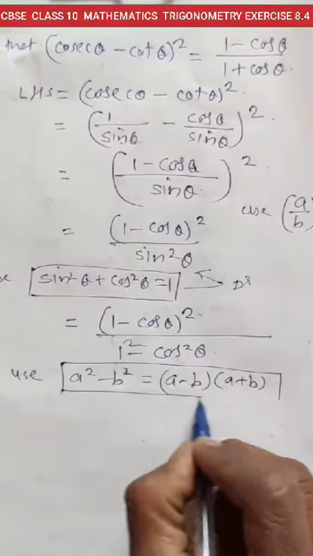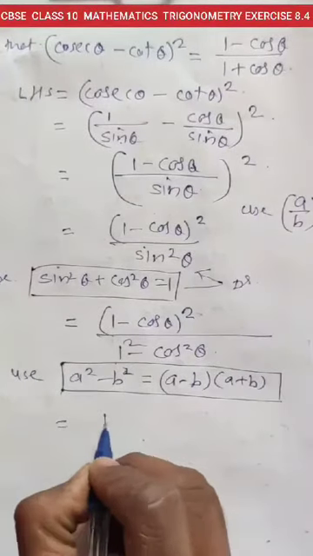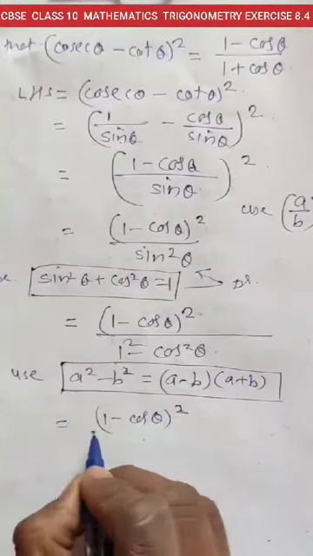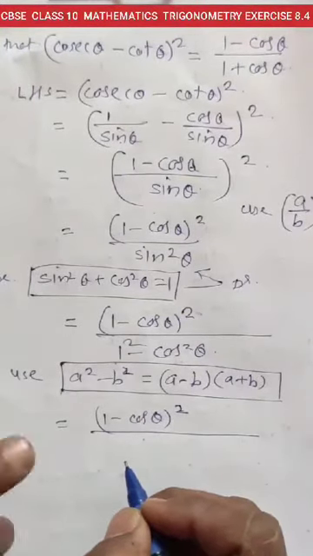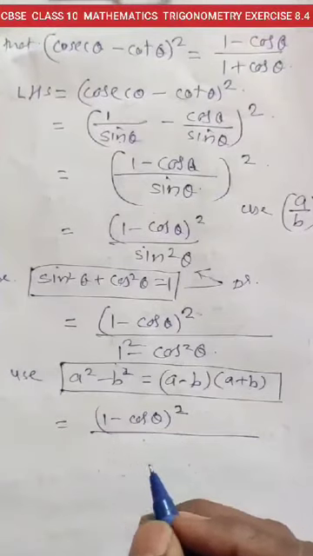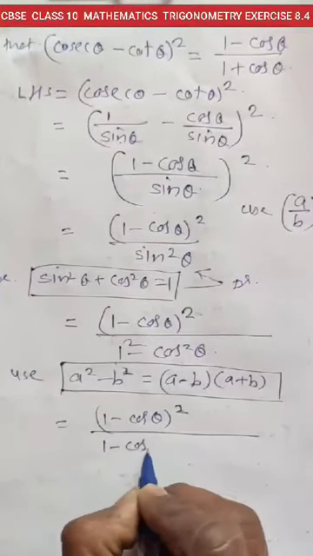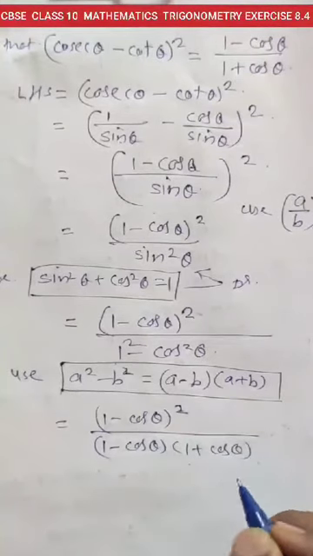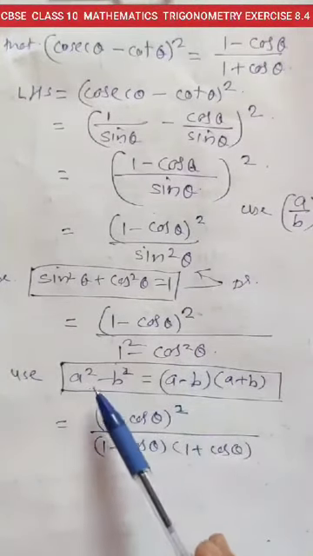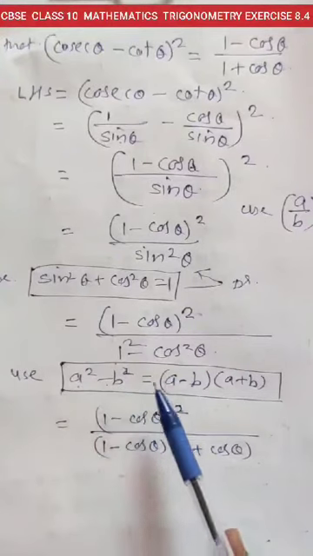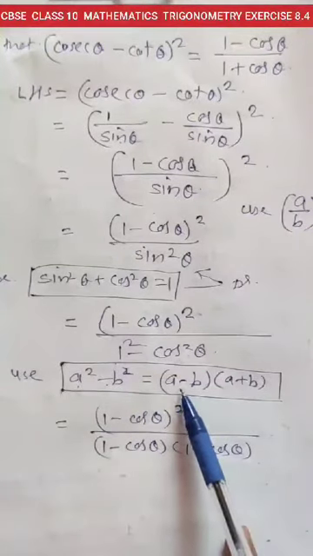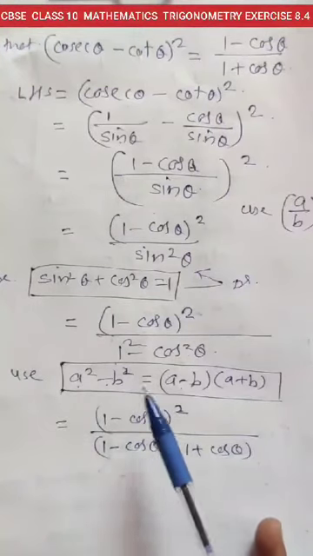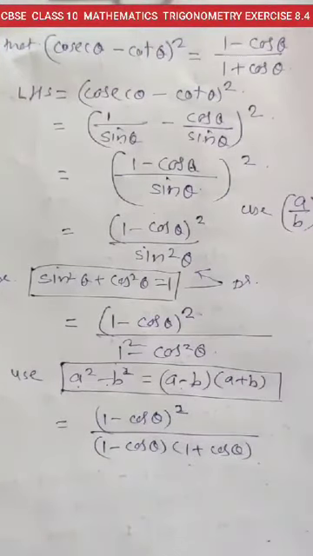So using this formula, (1 minus cos theta) whole square as it is, divided by (1 minus cos theta) into (1 plus cos theta). In the denominator, we simply use the formula where one bracket has a subtraction and the other has an addition. That means a square minus b square is equal to a minus b into a plus b.